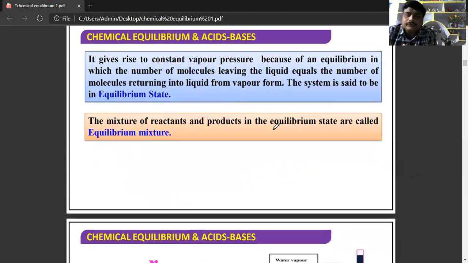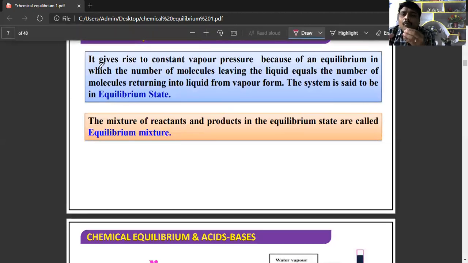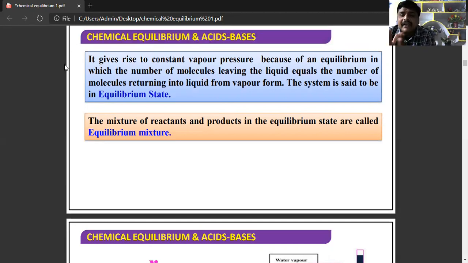That gives rise to a constant vapor pressure, in which the number of molecules leaving the liquid to vapor equals the number of molecules returning into the liquid state from vapor. So the number of liquid molecules converting into vapor equals the number of vapor molecules converting into liquid. That is said to be the equilibrium state.